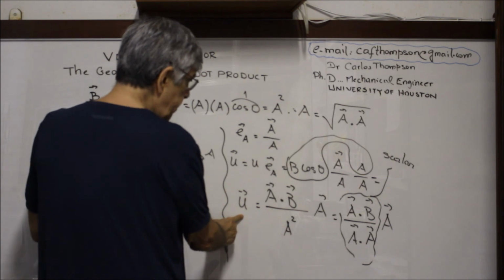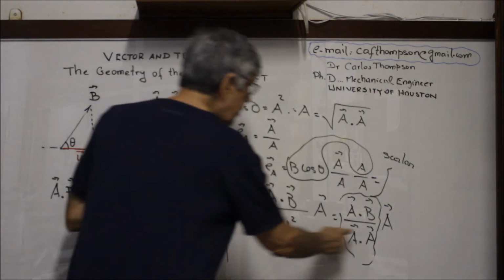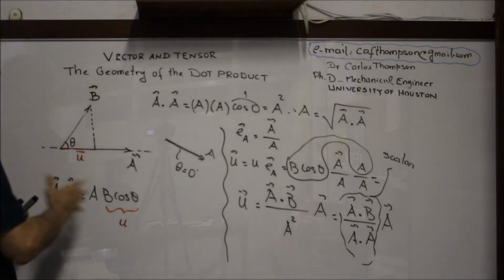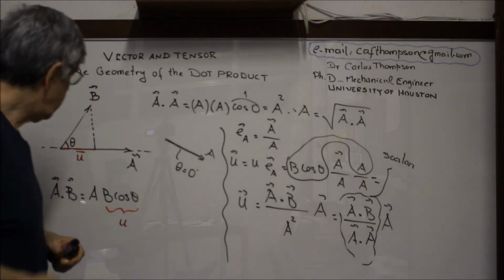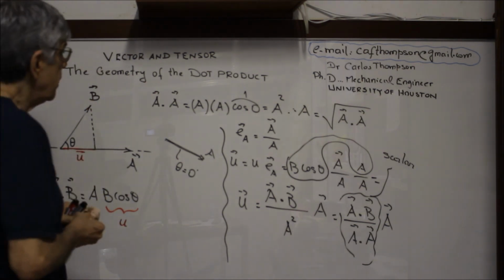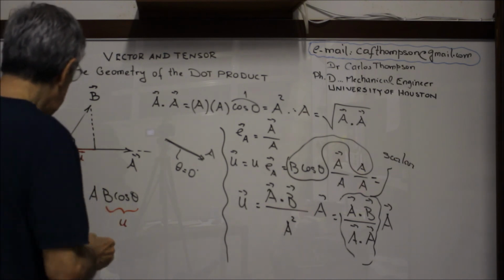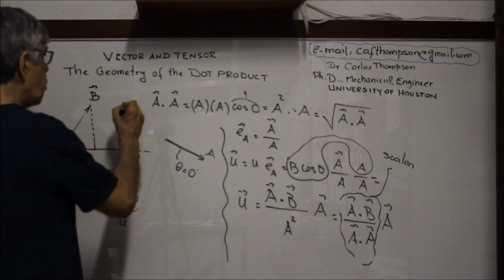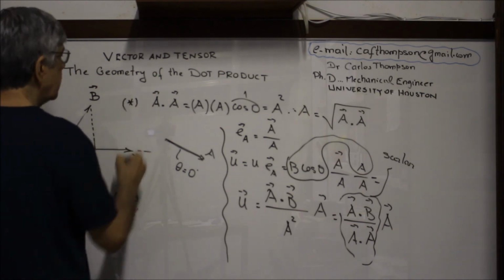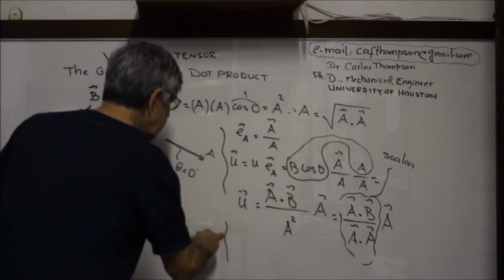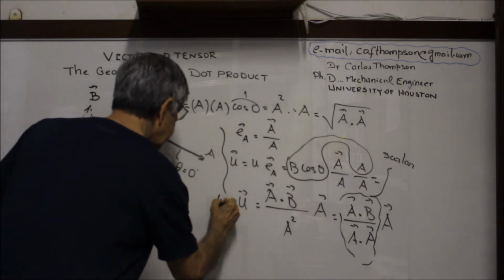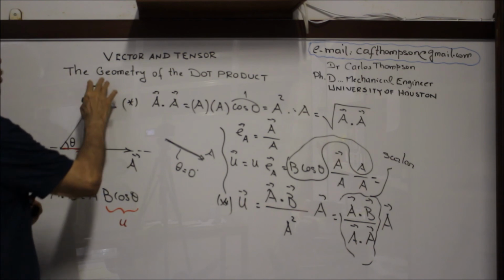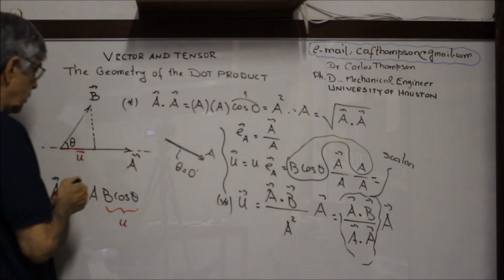So U has the same direction as vector A. From here, we will summarize the properties. That's the definition, that's an important property here, and there's another property over here, about the geometry of the dot product.